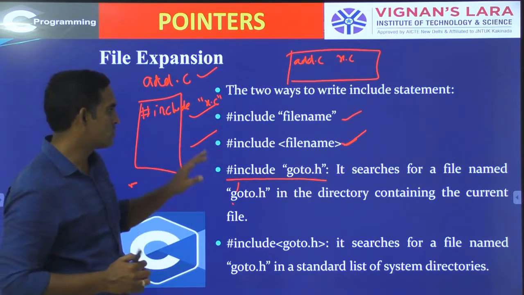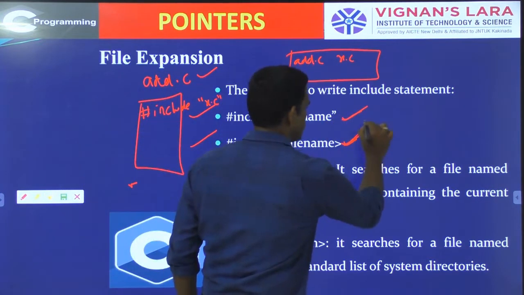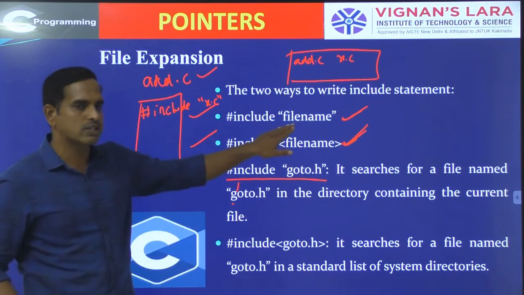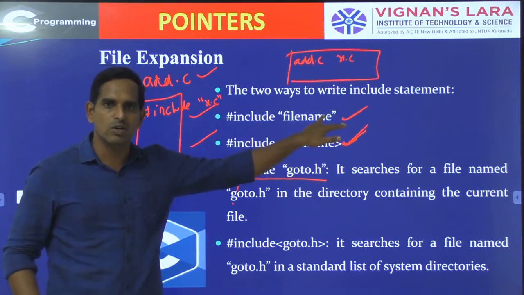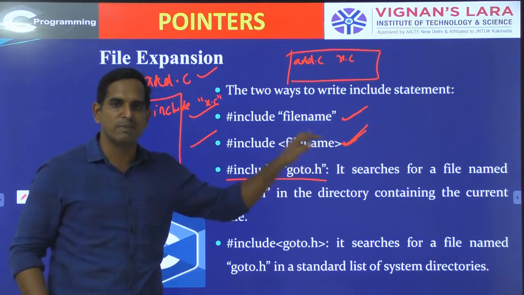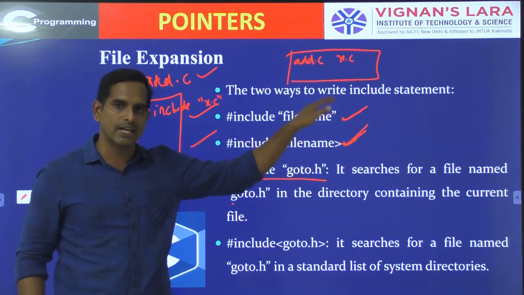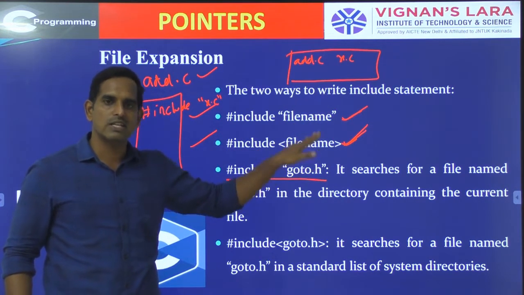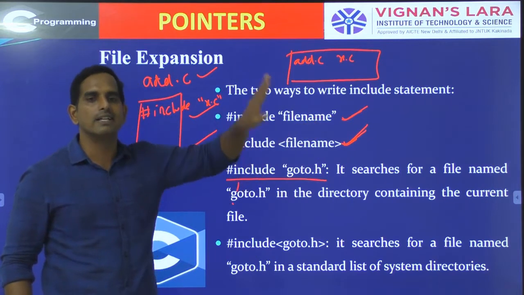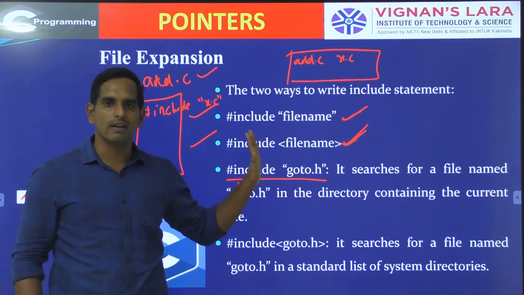Okay, so you can include your files by using both these statements. That is, you can use the quoted file name, or you can use this particular type. If you are using this, it is going to search for this file name in the current directory. If you are using this, it is going to search for the file in the standard directory for your C language. Okay.